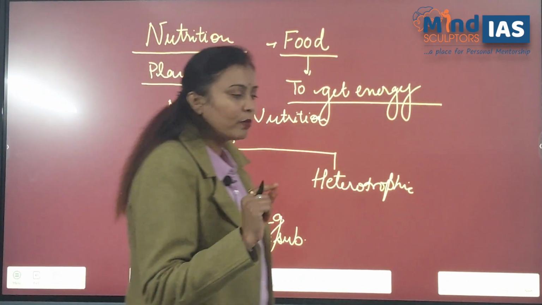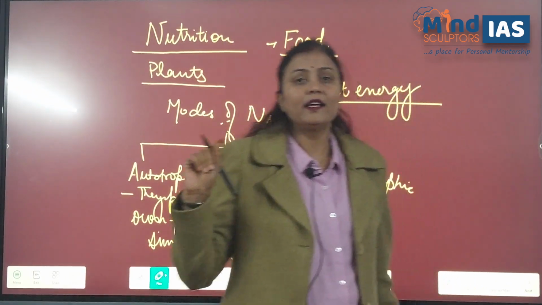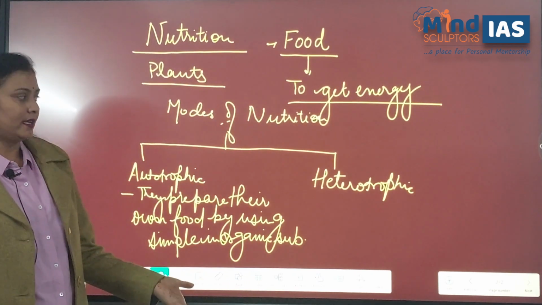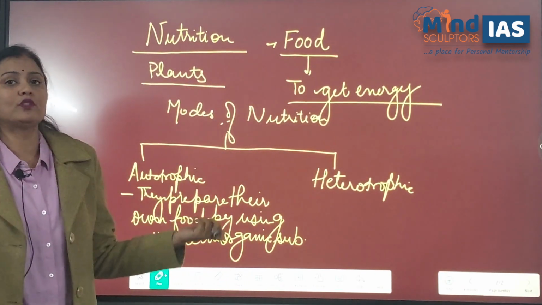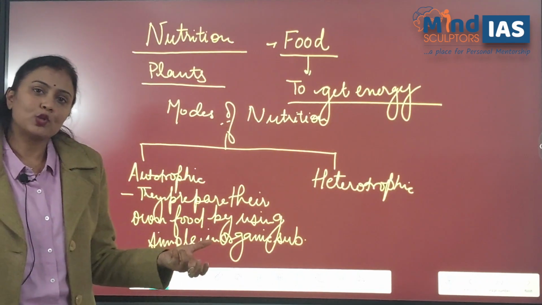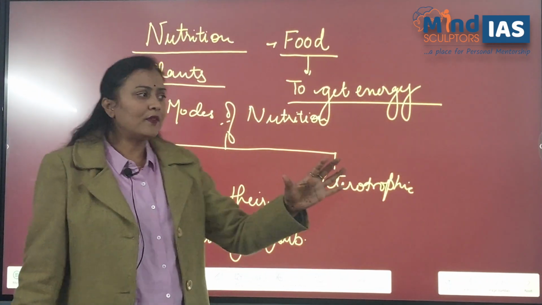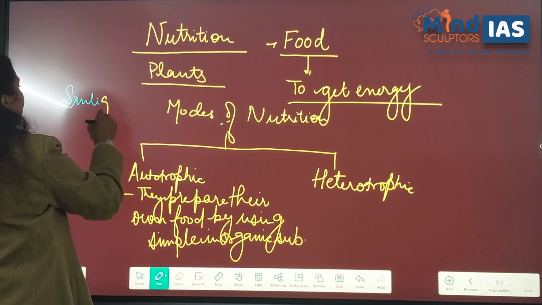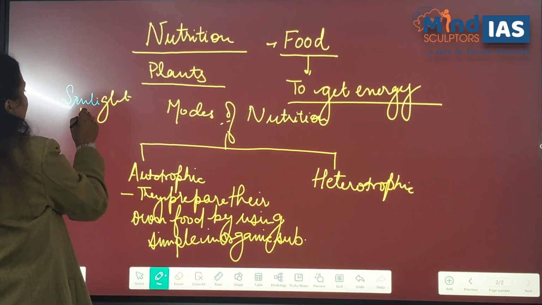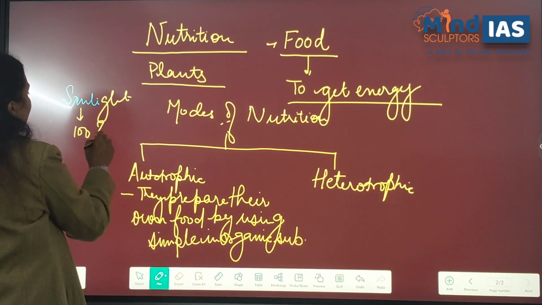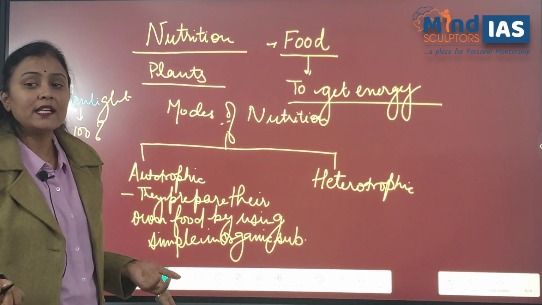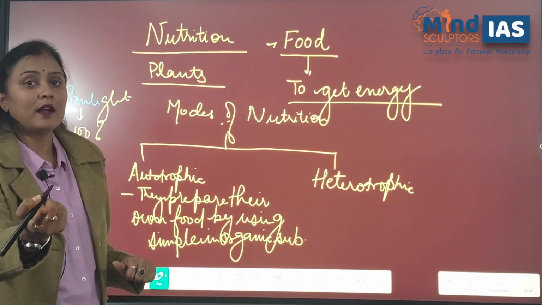If we talk about a plant, in the case of a plant, that source is what? That is sunlight. So sunlight is the source of energy for the preparation of food on this earth. Suppose 100% of sunlight is coming from the sun. How much percentage of sunlight is used by the plants?